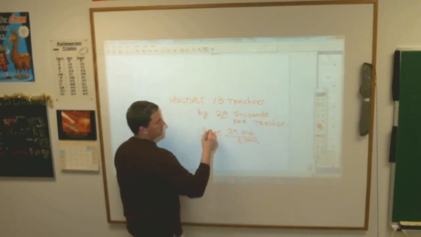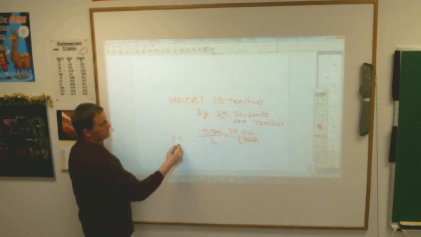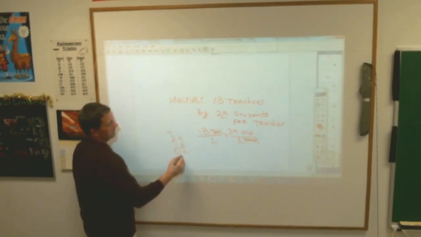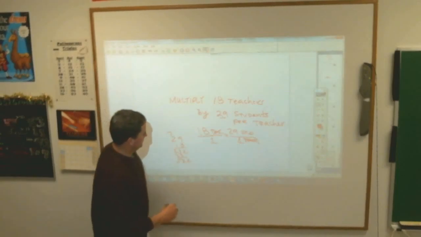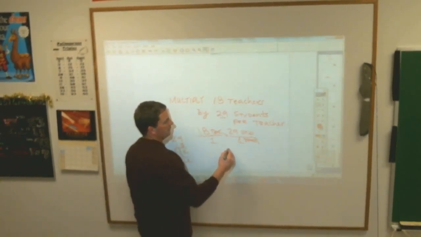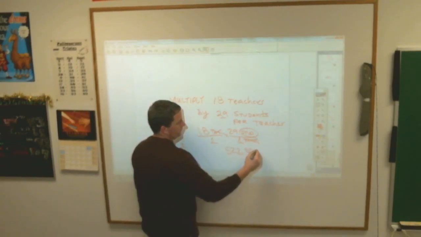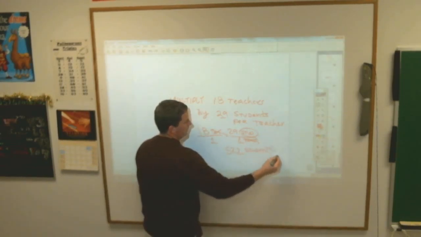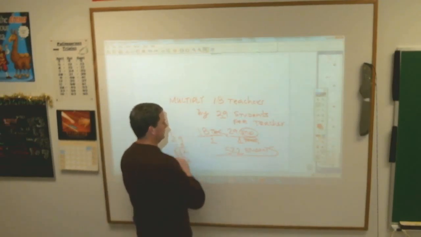So the labels teachers go away. You multiply 29 times 18. Is that right? 522? Yes. So you end up with 522. The only label left is students. Gosh, I think you've got it.